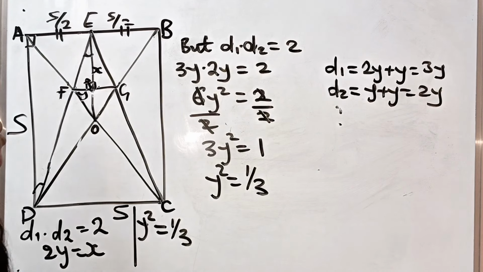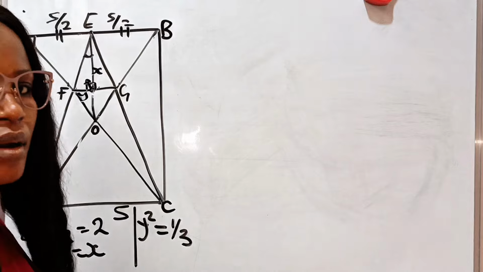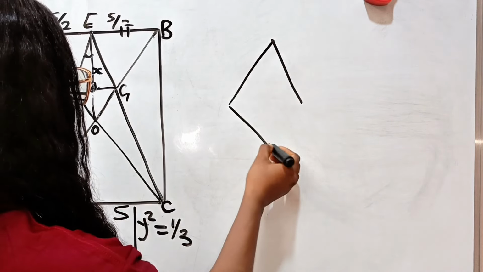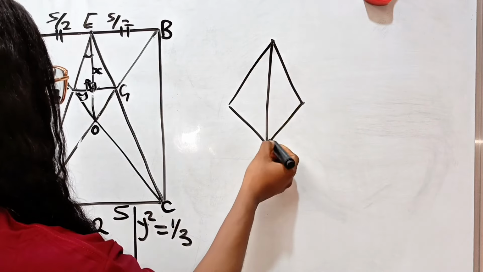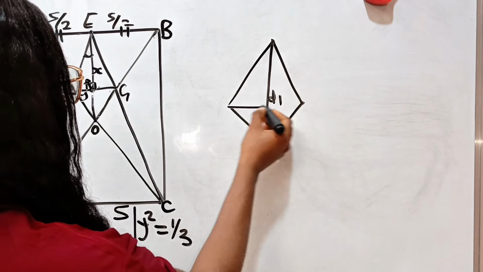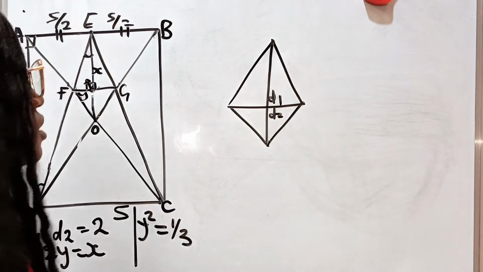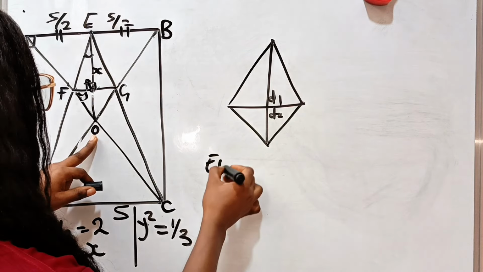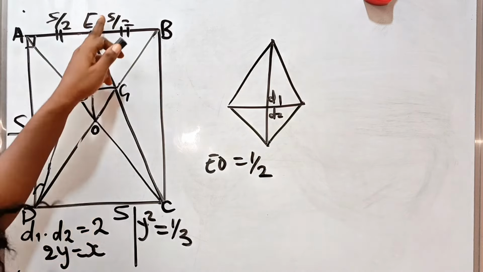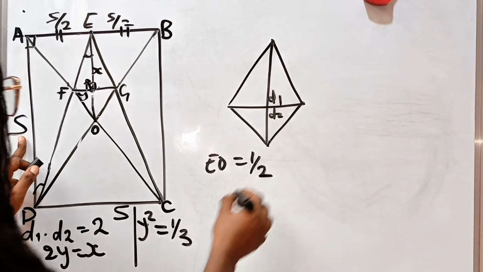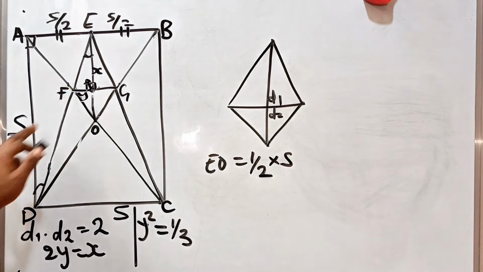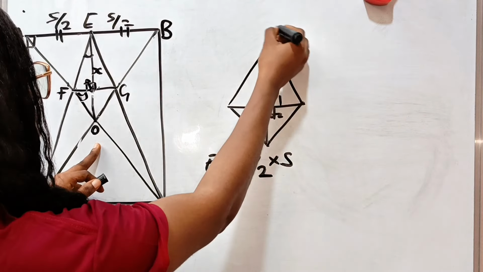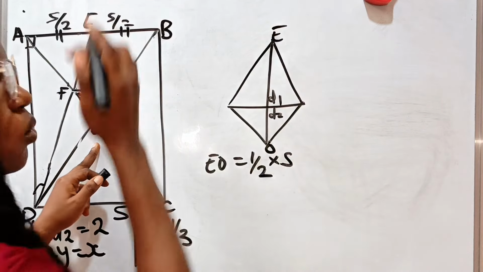Alright, now I want us to note something. Now, let's draw this kite out again. Remember that from here to here is our D1. From there to there is our D2. Now, if you look at this EO, EO is half of the side S. EO is half of S. And EO, this is our E, this is our O, is D1.